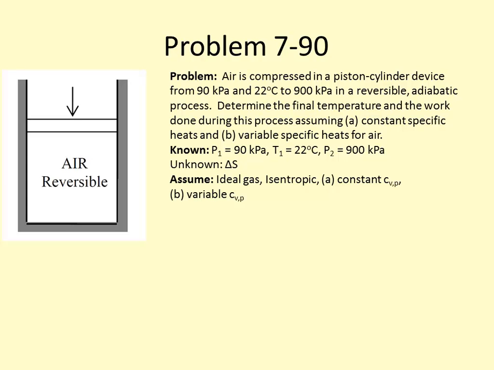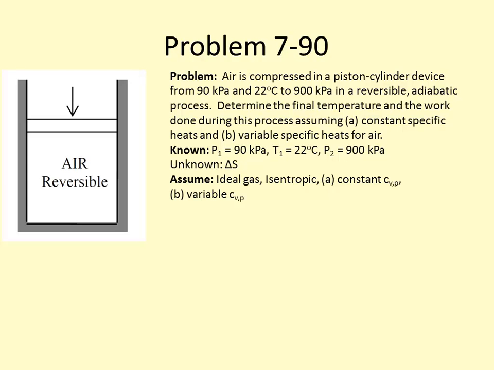So what information do we already have, and what information might we need, and how do we get it? PV equals RT. But because this is an isentropic process, we can jump straight to these other equations. So T2 over T1 is equal to P2 over P1 to the (k minus 1) over k. So we can directly solve for T2, which is T1 times P2 over P1 to the (k minus 1) over k.